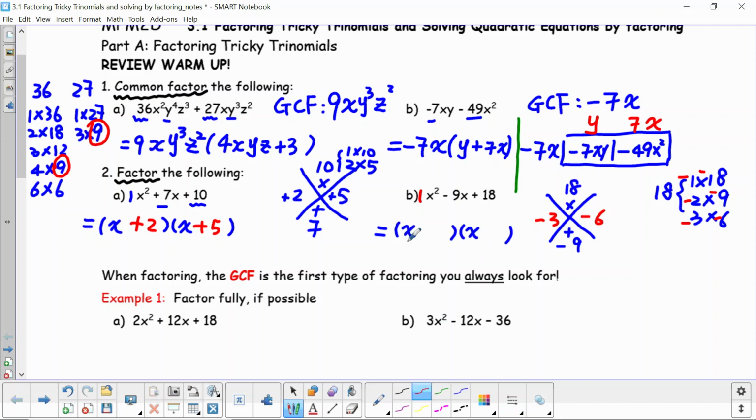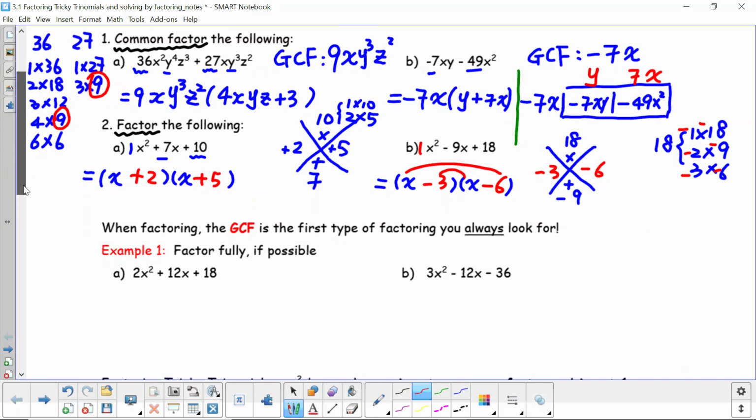You put x times x to give you x squared, and these two numbers in the bracket. So first times first, x squared. -3 times -6 gives you positive 18. Then the middle term is -3x, -6x. Add together gives you -9x. So that is how you do the simple trinomial factoring.